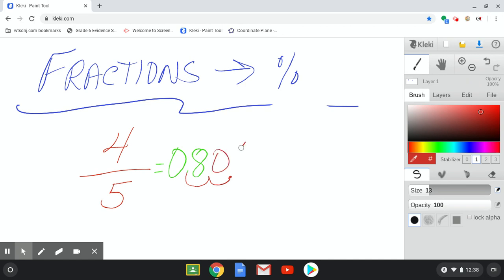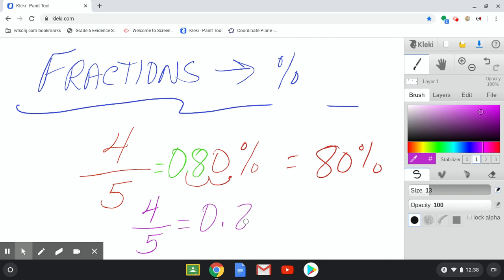And then I have to remember to add my percent sign. So I do not need this 0 in front. That's not necessary. So then this becomes 80%. So 4/5 we said was equivalent to 0.8, which is also equivalent to 80%.